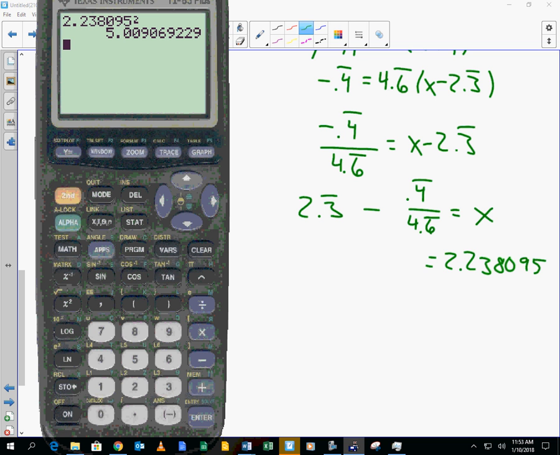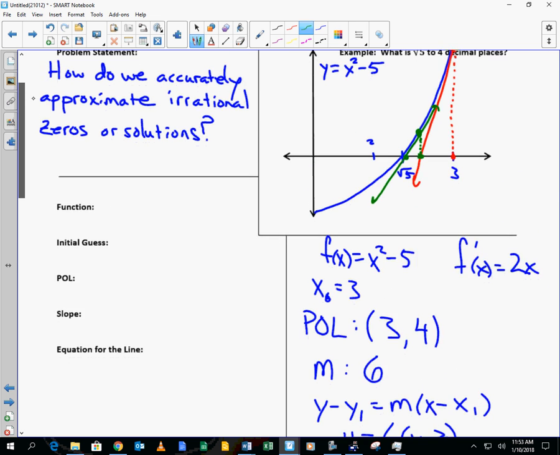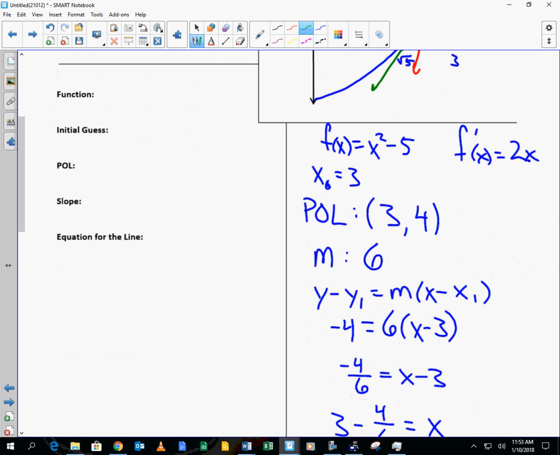So what we're going to do is try to come up with a formula so we can make this quicker. And you guys need to be able to look back and forth, left to right, to help me out here. The function, we come up with f of x. In this case, we came up with x squared minus 5. And for our initial guess, we're going to call that x sub 0. Those are two things that we started with.